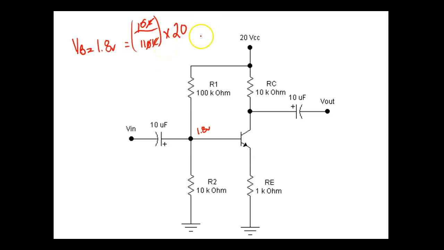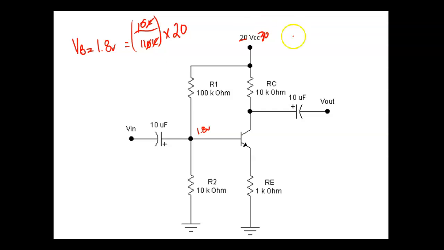I could change this to 30 volts, and it would still drop 1/11 of the voltage. I could change it to 15 volts, and it would still drop 1/11 of the voltage. I don't think they teach in DC, but we're supposed to teach voltage dividers. What's nice about the voltage divider formula is you don't have to calculate I.